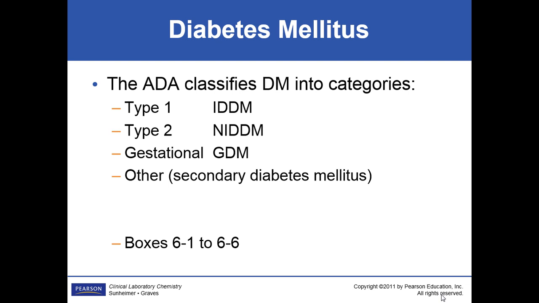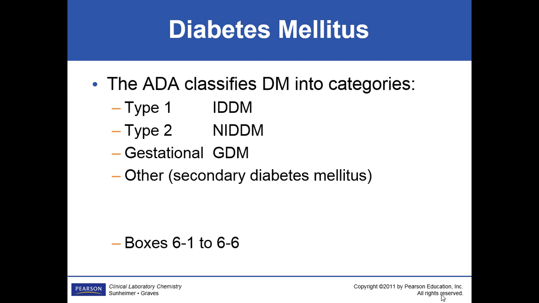Gestational is your GDM. Sometimes during pregnancy it can activate this, and they start having problems with their insulin not functioning well. They have insulin, but it's not functioning well. Their glucose starts rising. So as part of our prenatal care in our country, they check pregnant females' urine for glucose on a regular basis.